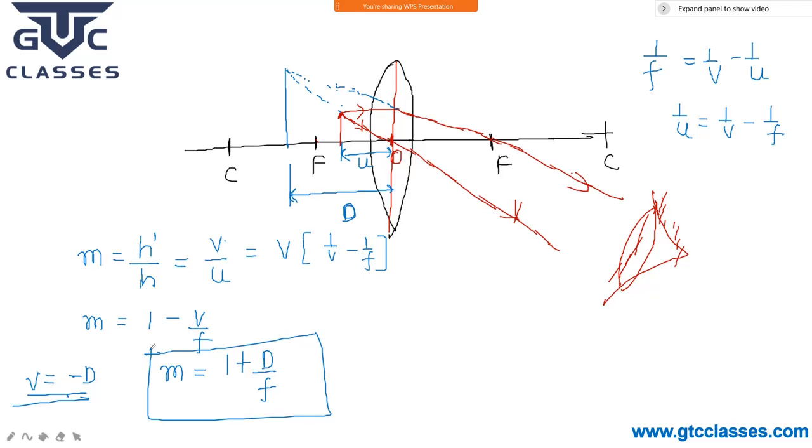Is that clear? One more thing we should remember: we shouldn't use the sign again. Normally we need to take the sign convention properly, but here the sign convention has already been taken, so do not put the sign convention again. That's the meaning.